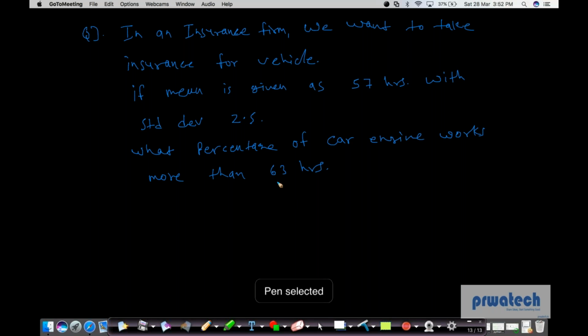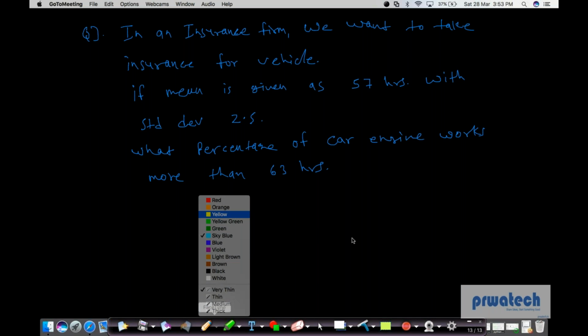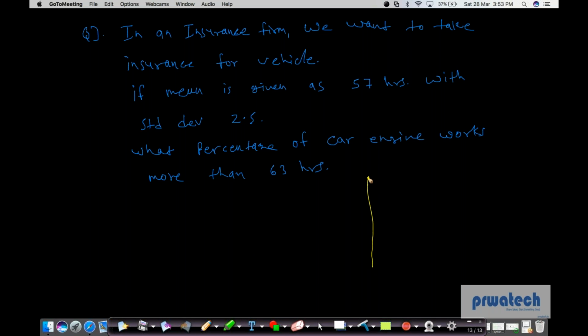Again, we can solve this using the same concept of the empirical rule. I'll again draw this x and y. This is my x, this is my y, and this is the area. This is my mean.